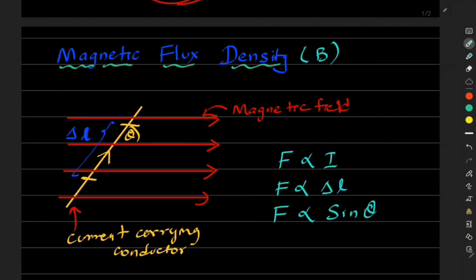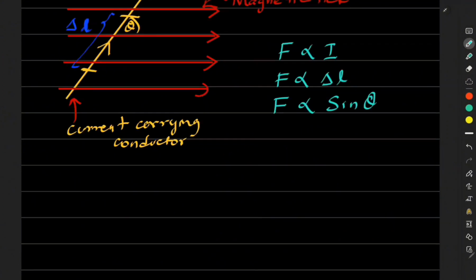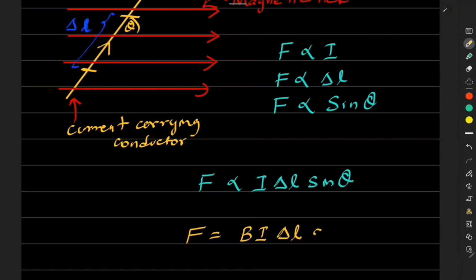So F is directly proportional to I delta L sine theta. F equals B I delta L sine theta.